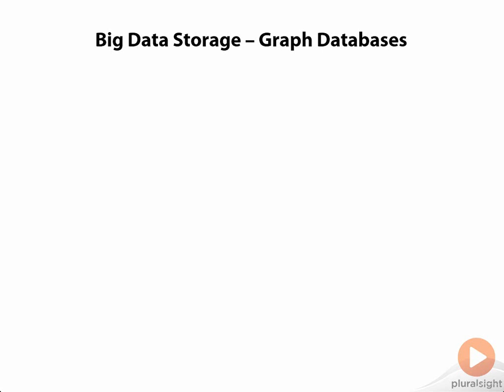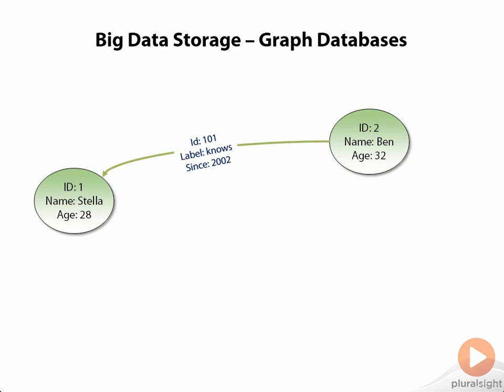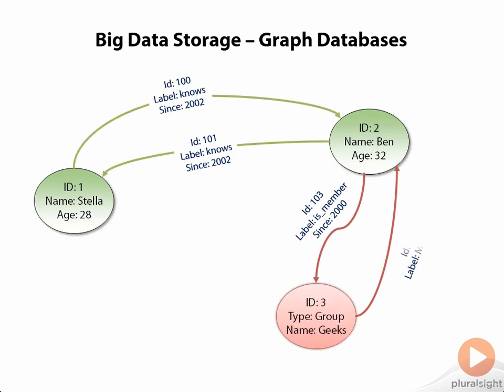So let's walk through an example here. In this example, we have Ben, who is 32. Ben has a friend, Stella, that he's known since 2002. Ben is also in a group called Geeks and has been a member since 2000. Stella, succumbing to the persuasiveness of Ben, decided to join the group later in 2003.